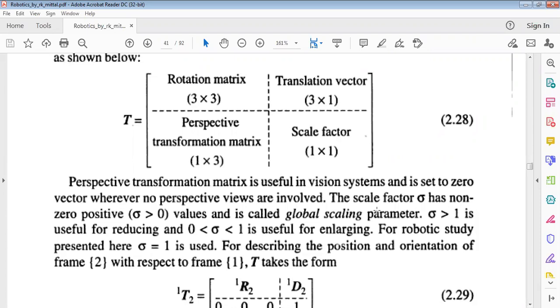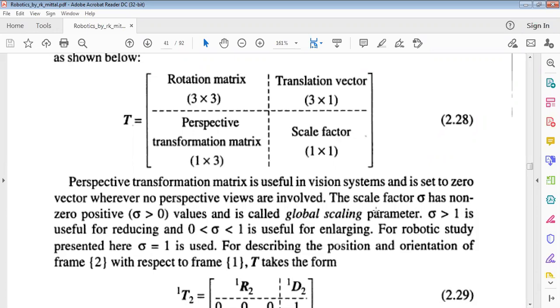Where no perspective views are involved, we simply put 0 values at those places in the perspective transformation matrix.